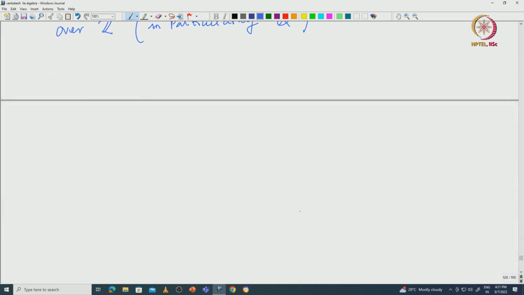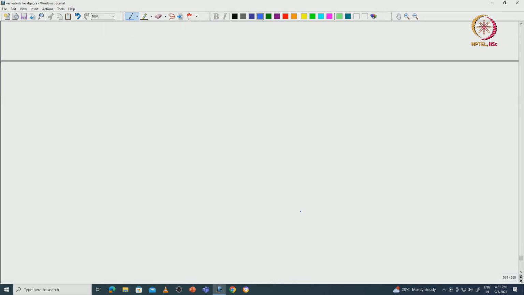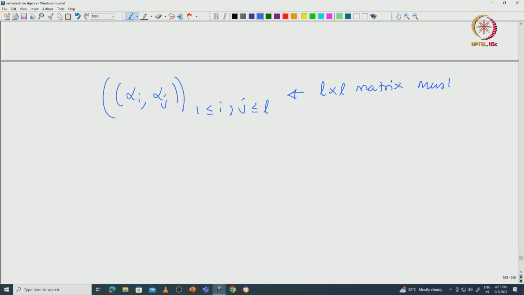So, the bilinear form that we have defined is actually non-degenerate on H star. That forces that the L by L matrix (alpha_i, alpha_j), where 1 ≤ i, j ≤ L, must be invertible.